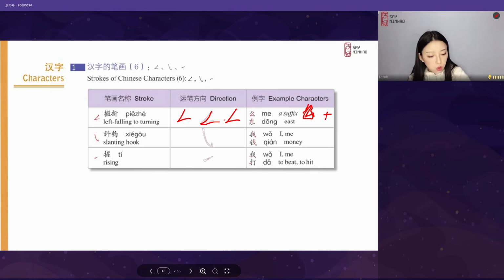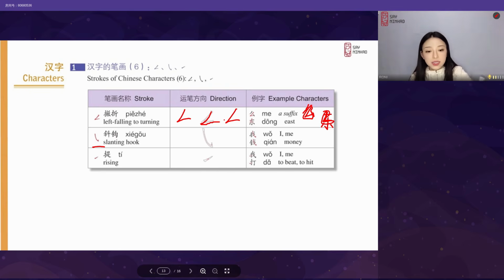It is written like this. And we can see this part is the left falling to turning, and then a vertical hook and then two dots. This part is the 撇折.